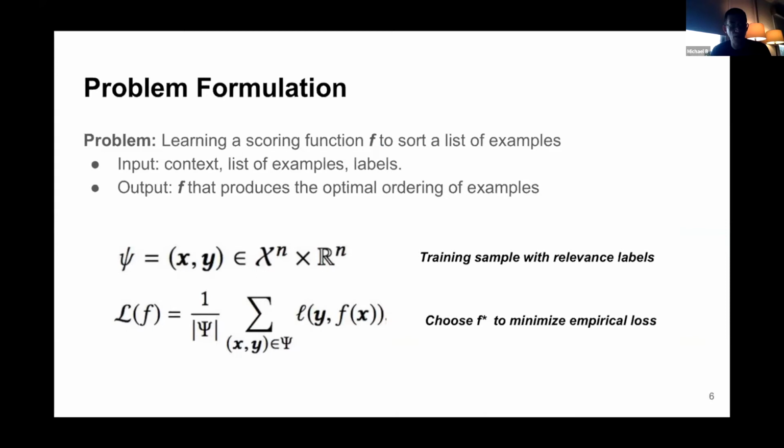And then the output of this function is not a classification score like you would get in normal classification, but a function f that produces the optimal ordering of examples. So, very formally, we have training samples x, y, which are the features and the labels, and we try to produce a function f that minimizes some empirical loss. And how to choose this empirical loss is actually the core problem of learning to rank.